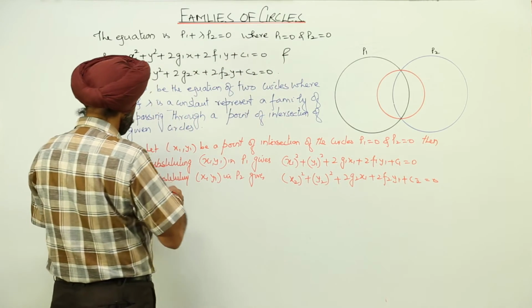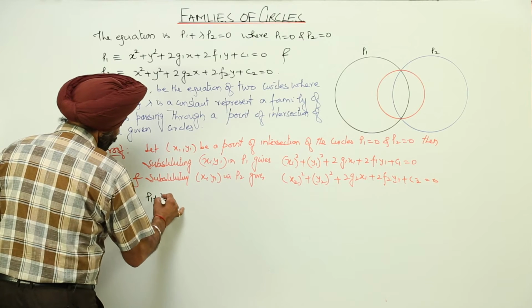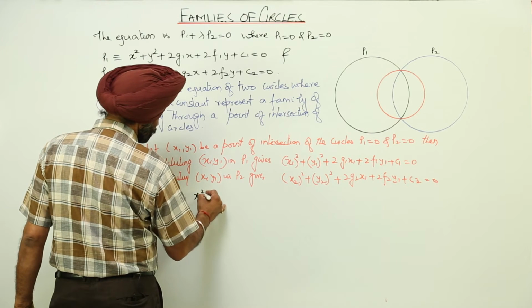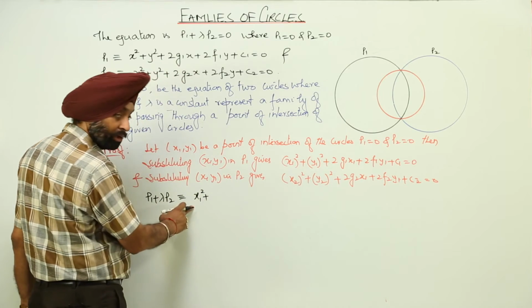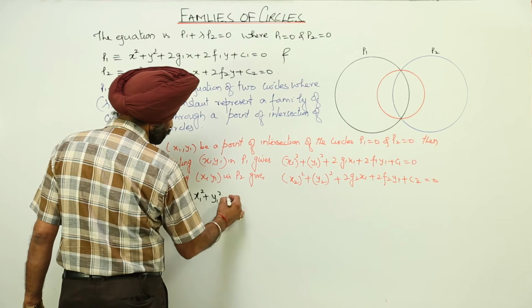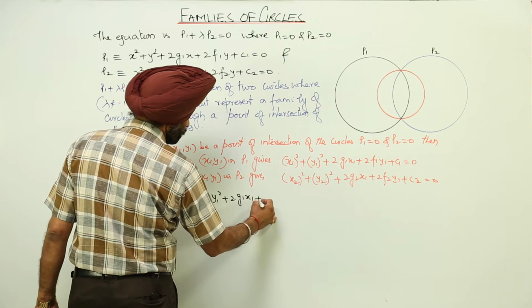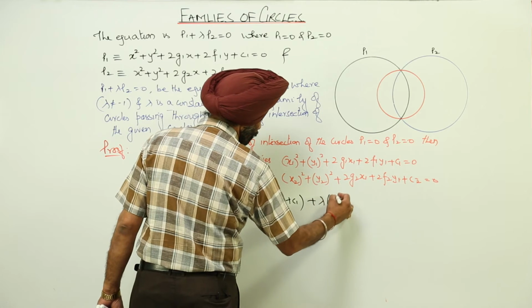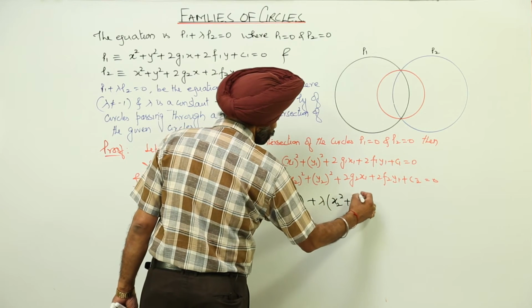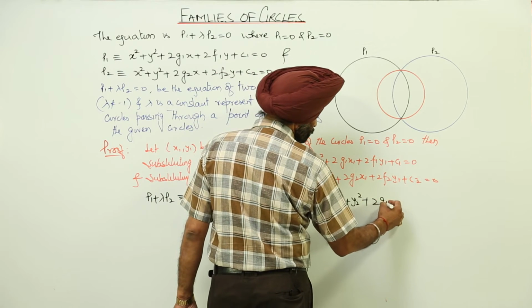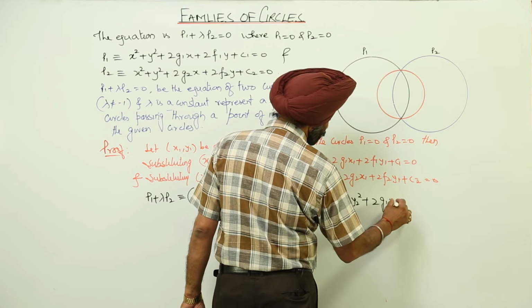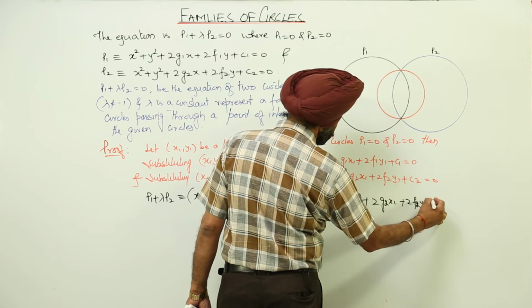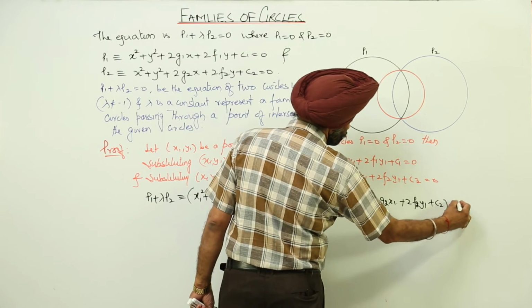Now what we are having, P1 plus lambda P2, now this is identical to x1 square plus y1 square plus twice of g1 x1 plus twice of f1 y1 plus c1, one equation, plus lambda times x1 whole square plus y1 whole square plus twice of g2 x1 plus twice of f2 y1 plus c2 is equal to 0.